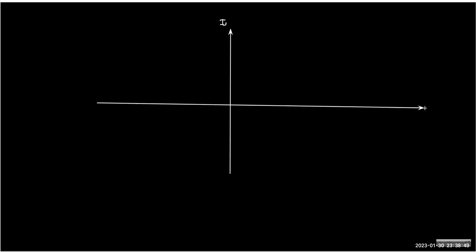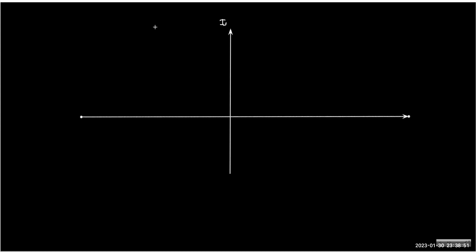The next graph, which is again very famous, is I versus V. Okay. And now, again, we have 3 plates.